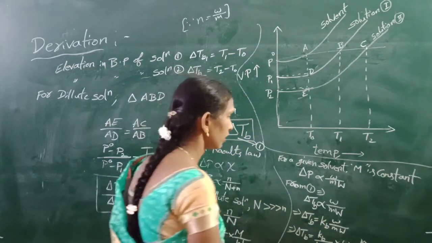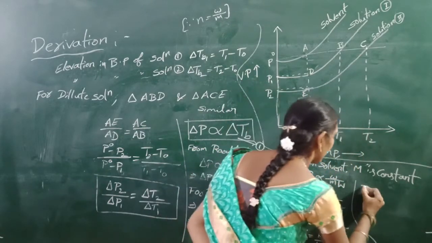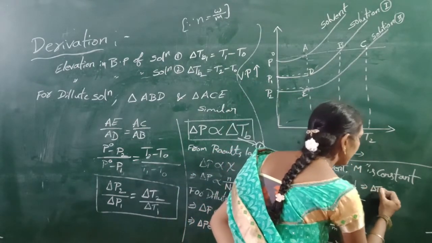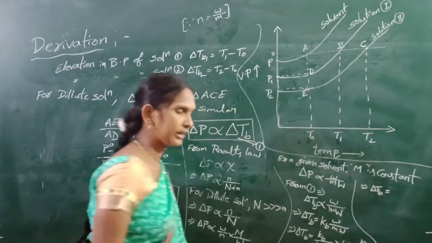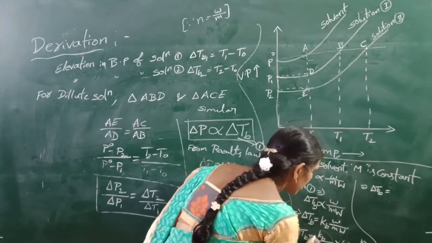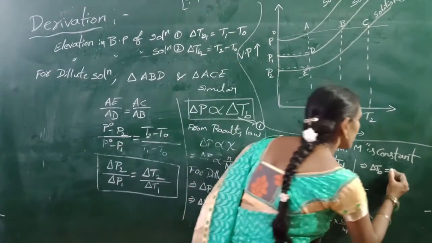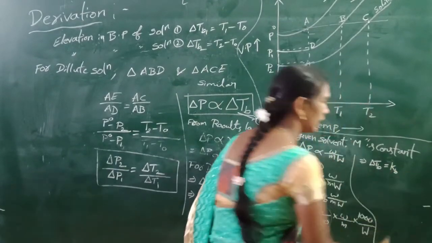That means delta TB is equal to this also constant value. Kb by 1000 is constant, so we can write Kb only.